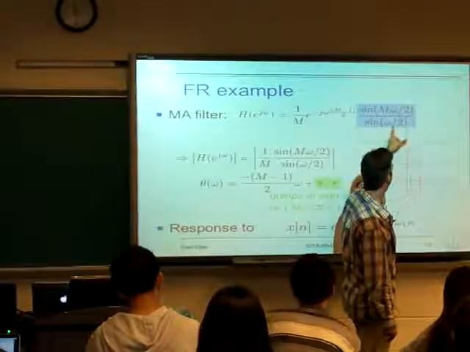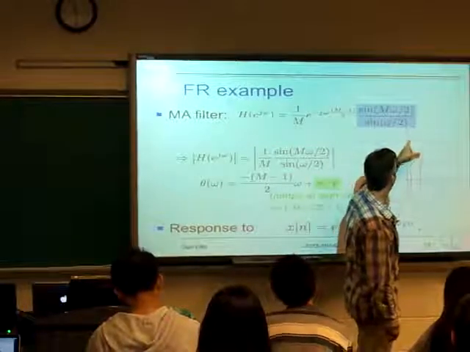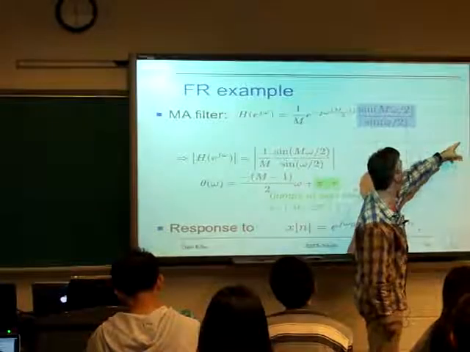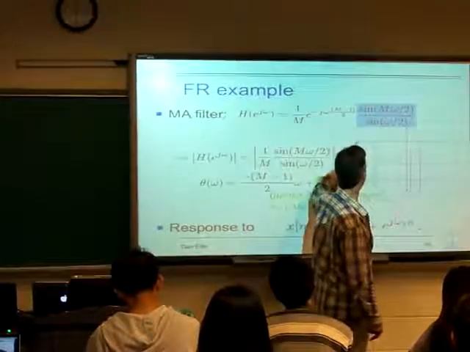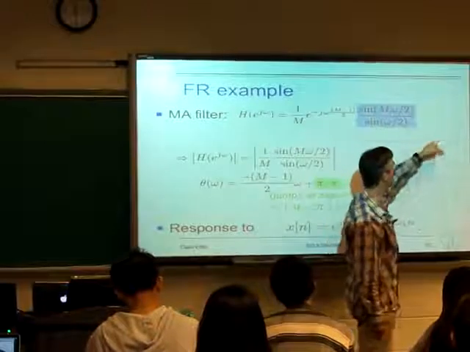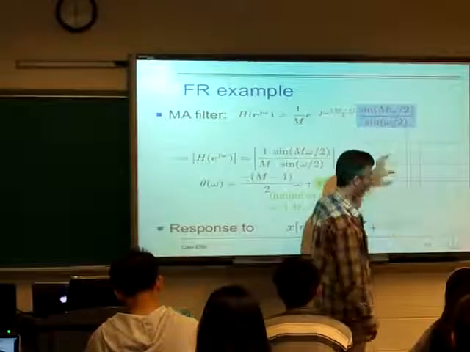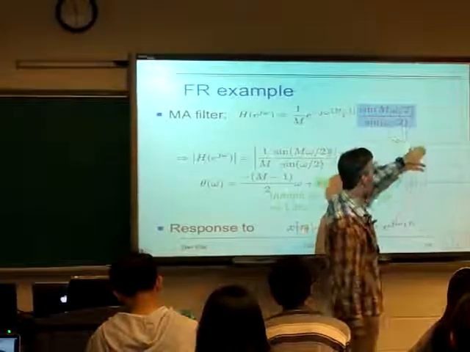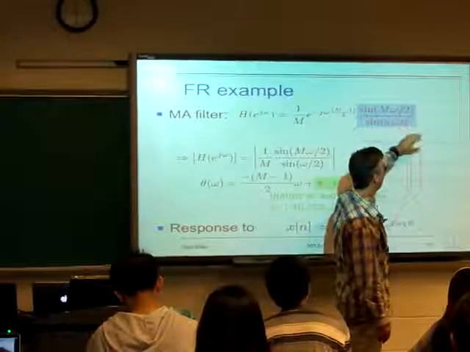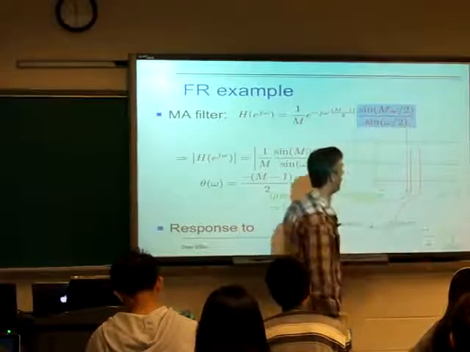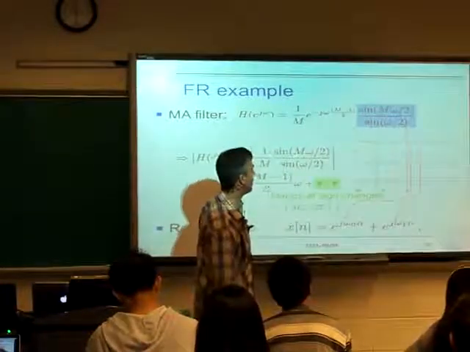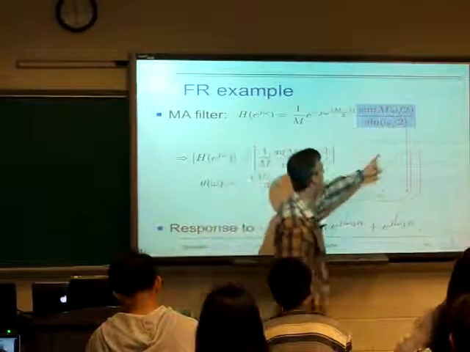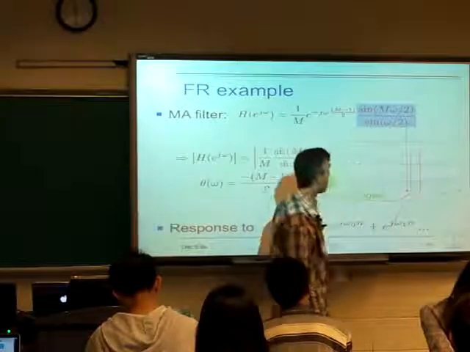Sine of omega on 2 looks like this. Sine of 5 omega on 2 has 5 of those in it. When we divide them, we get what looks like our periodic sinc. It has a maximum at 0, has some ripples, and it turns out to be periodic in omega with period 2 pi because of the symmetry of those two.